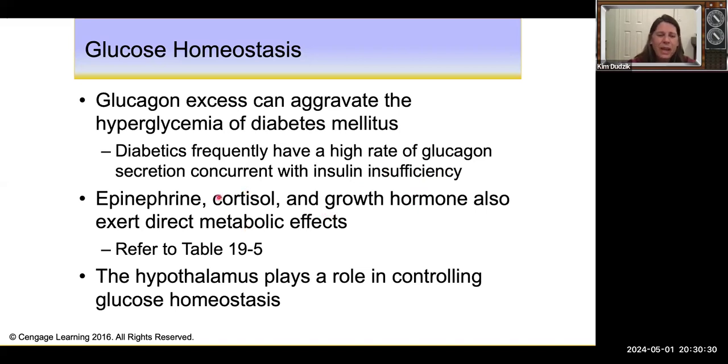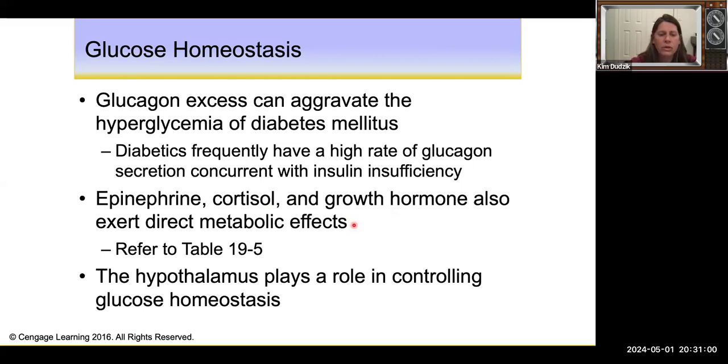But again, I did mention that other hormones can control glucose homeostasis: epinephrine, cortisol, growth hormone. So we've been through these in the other lectures on endocrine. So whatever I said in those other lectures, that's all you need to know about this. I'm not adding anything to that in this lecture. So please go back to those previous lectures.